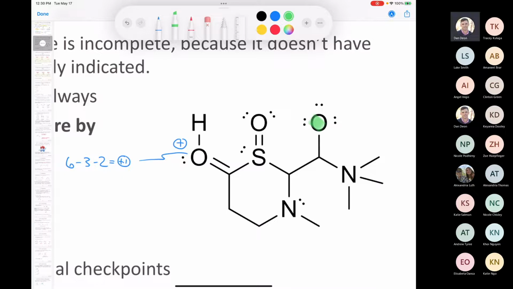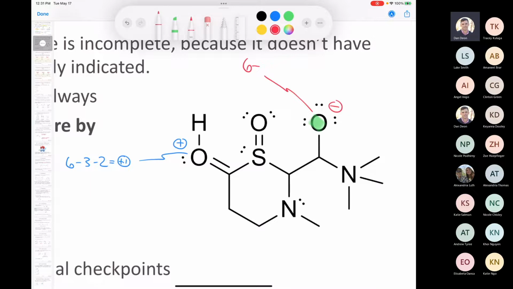Can anybody tell me what the formal charge on this oxygen is? Yeah, exactly. You're all correct. Absolutely. It's -1, right? We do the same calculation.